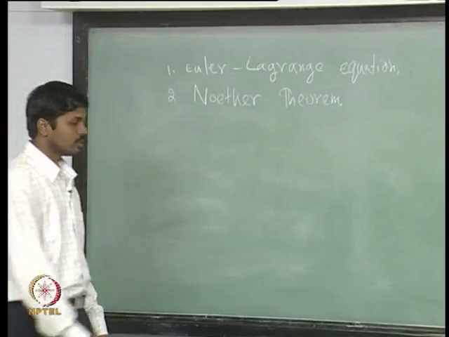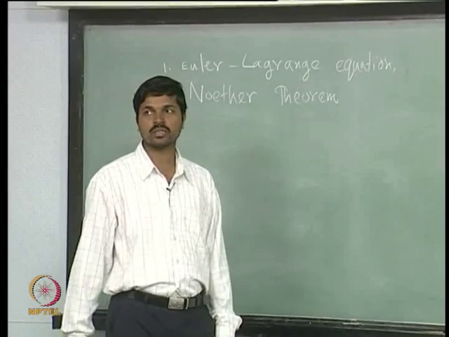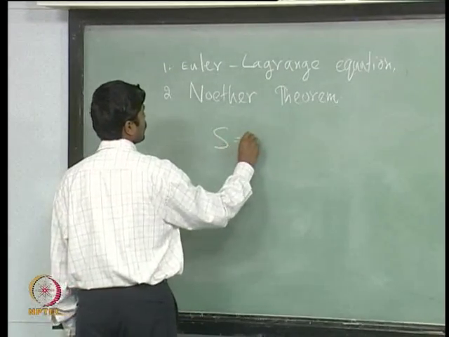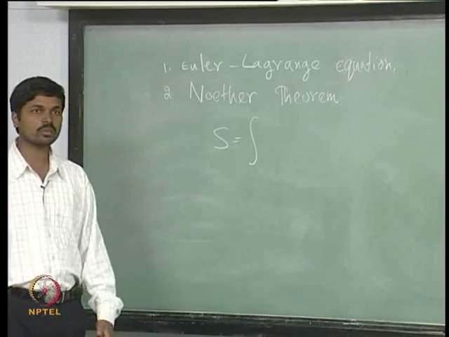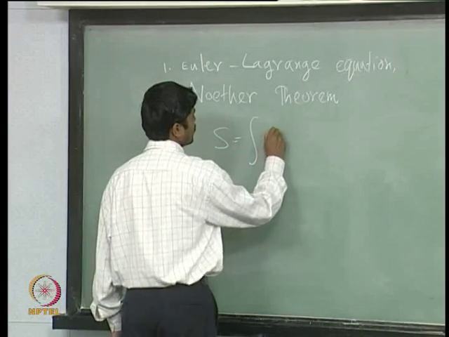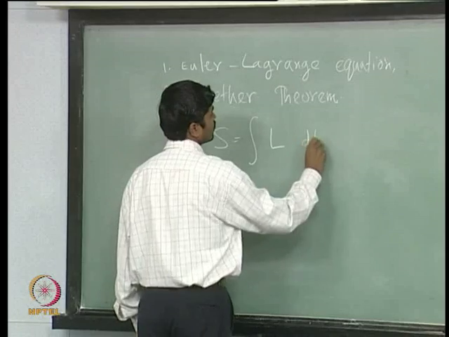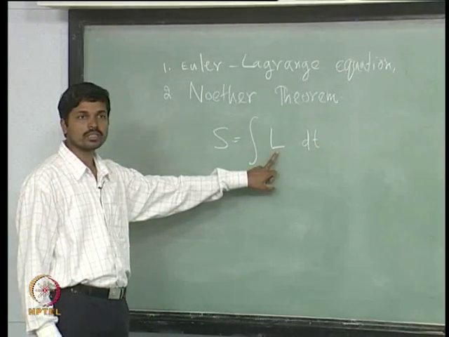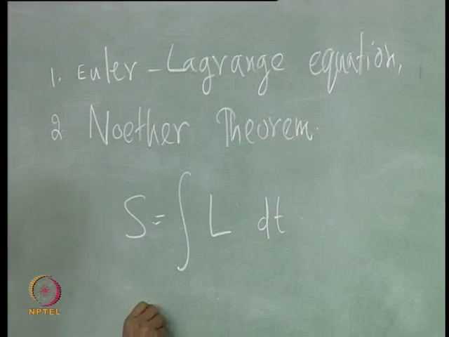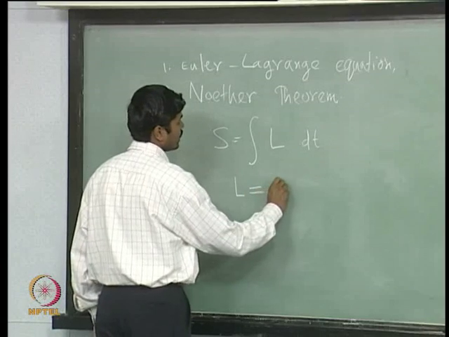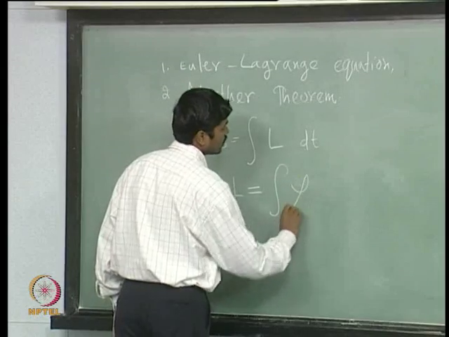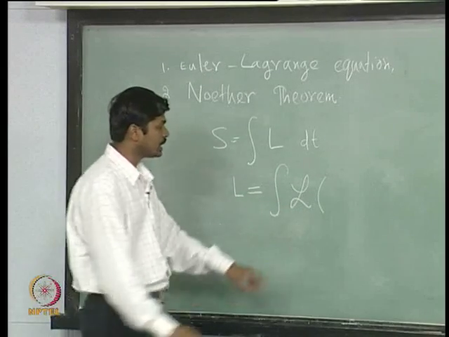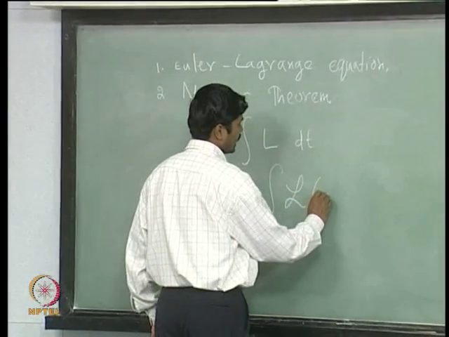So, just like in mechanics, you start with the action, which is the integration of the Lagrangian with respect to time, but the Lagrangian L here is taken to be the integration of something called the Lagrangian density over the entire space.